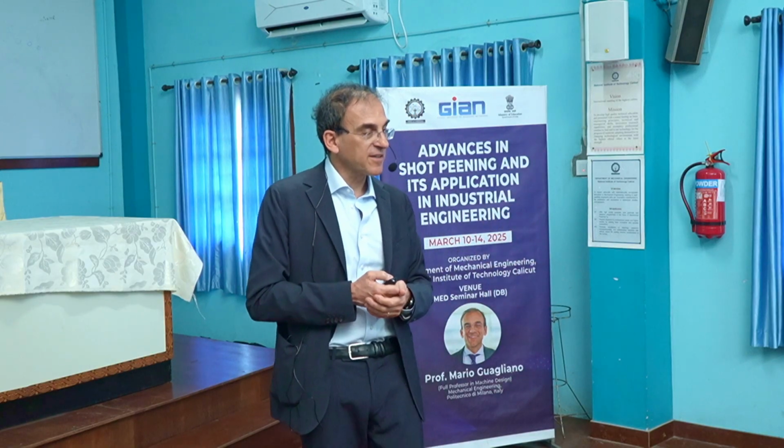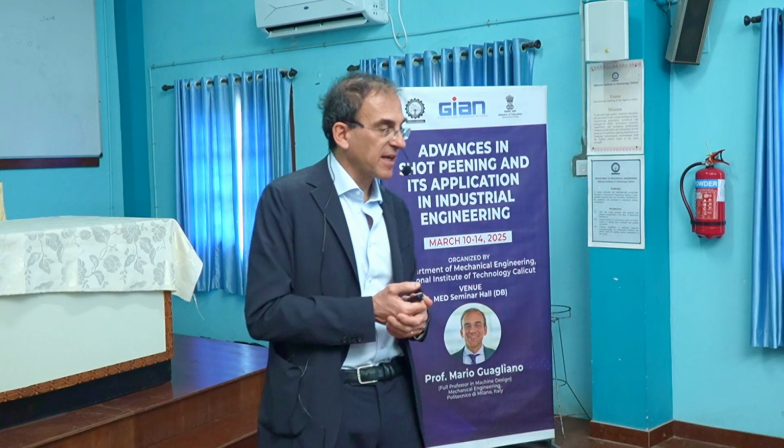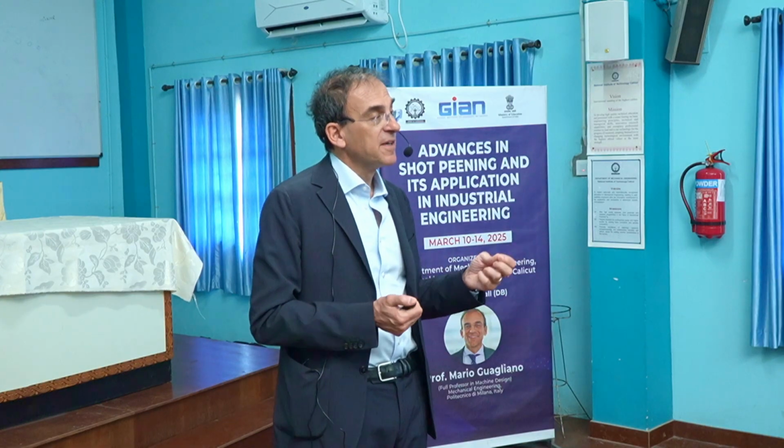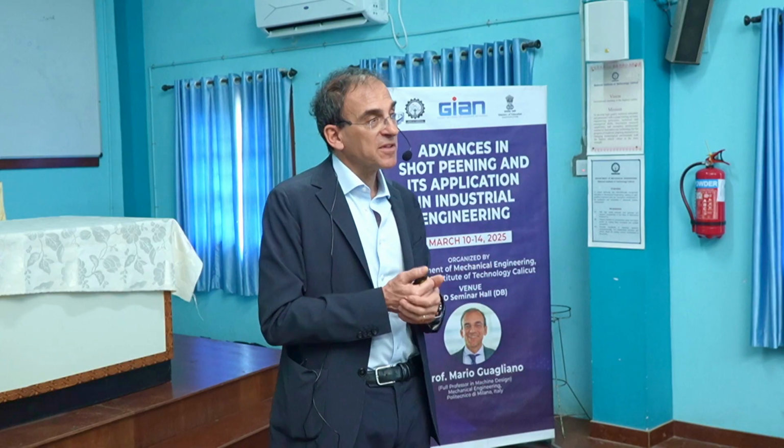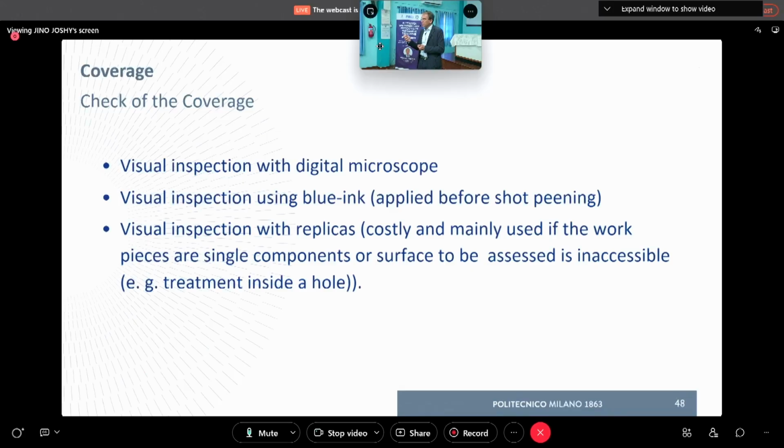Other ways to detect the coverage, indeed, are not complicated. We can use visual inspection with a digital microscope that makes easier the observation and the quantification of what is missed. We can use blue ink that is applied before shot peening and then should be removed after shot peening. If blue ink remains in some part, it means that close to those parts, shot peening was not done correctly.